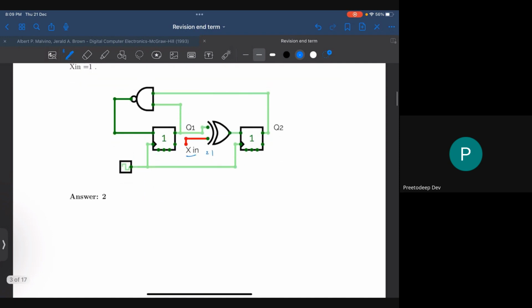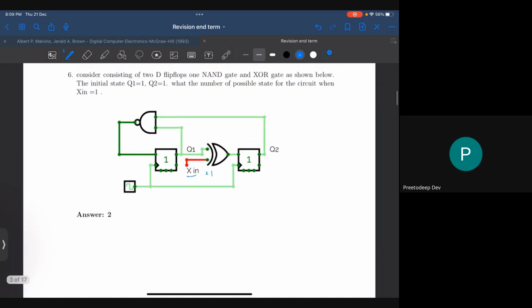So how to find that? Let's say present state and next state, Q1, Q2.